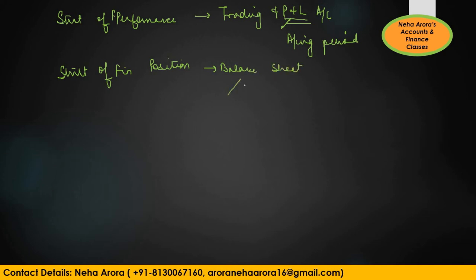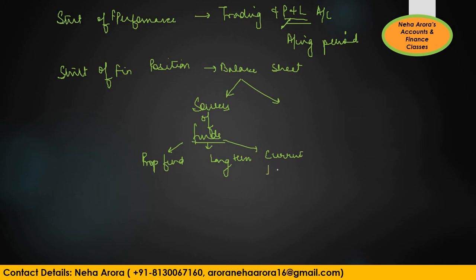This balance sheet has two components, two sides, I should say. One is where you are getting the funds from, as the name suggests, the sources of funds. From where are you financing your funds? It can be through the proprietor itself, proprietor's funds or internal capital, or by taking long-term loans or short-term loans, which are known as current liabilities.